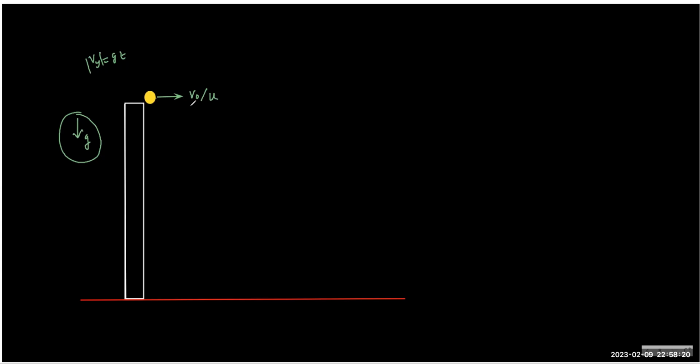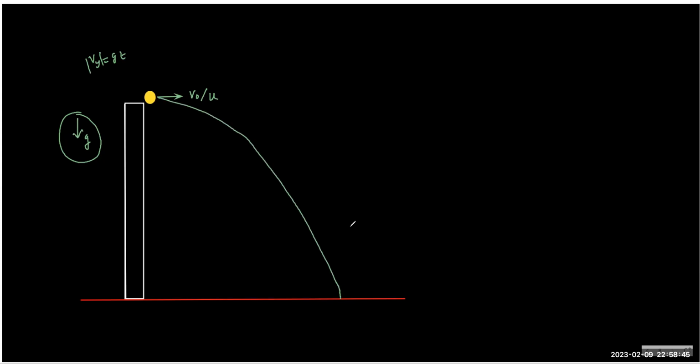So the path is not only this way; it is hitting and then it will become like this, and then like this, like this, if there is dampening happening due to the collision. If there is no dampening, then it will bounce back to a certain extent and repeat indefinitely. So we know the path is something like this.